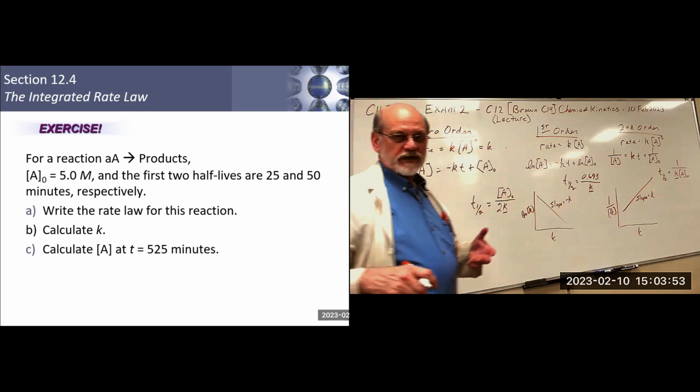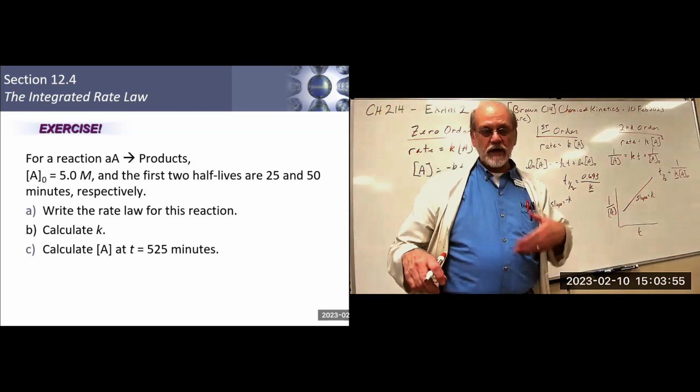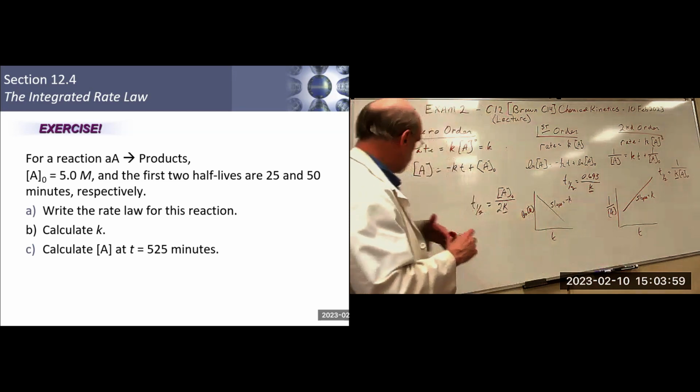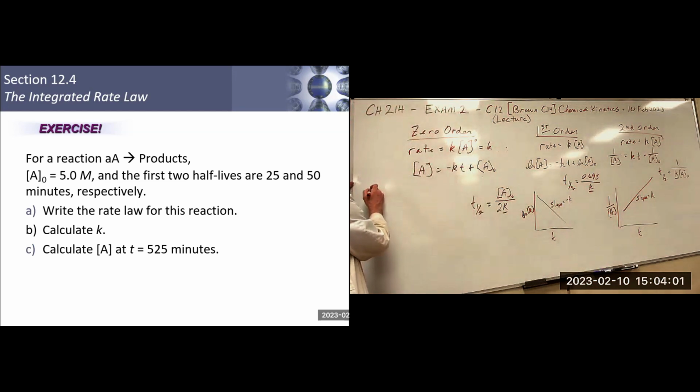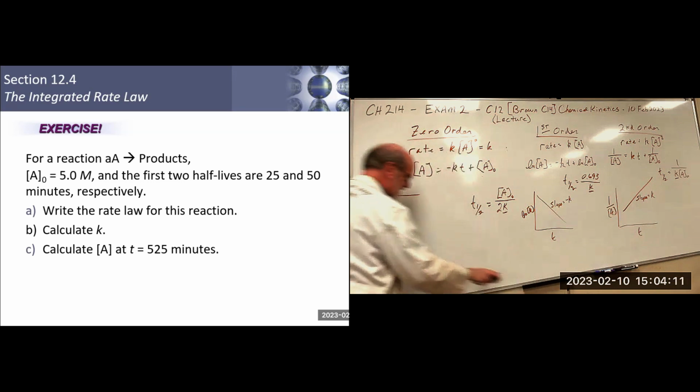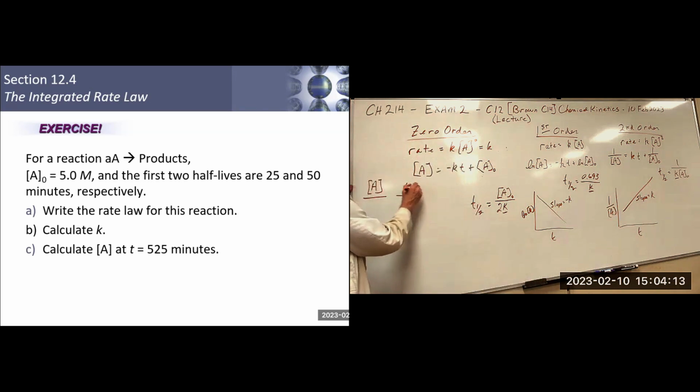So what are we given? We're given concentration of A and half-lives. So if we look at A here, and the initial concentration of A, excuse me, this is time through the reaction. There we go.